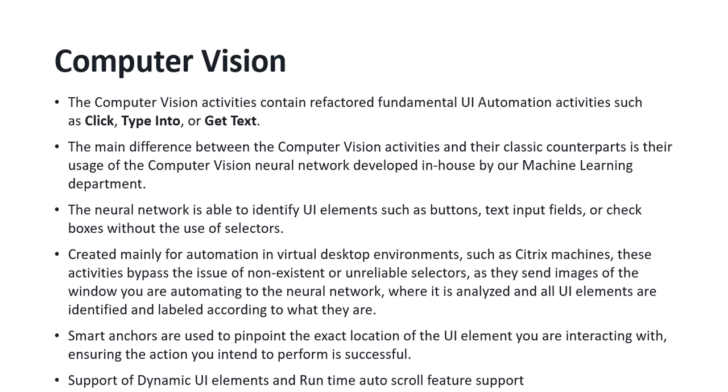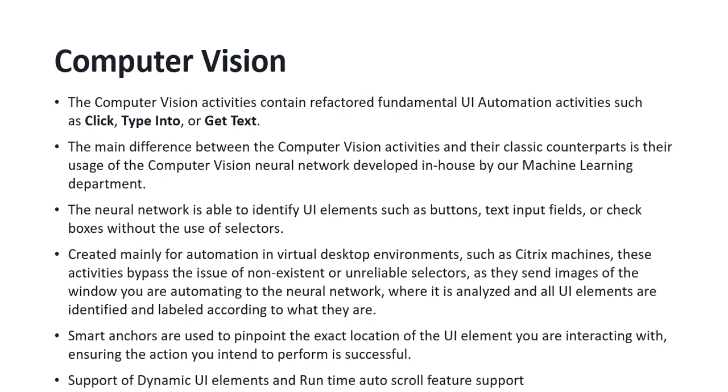The main difference between computer vision activities and their classic counterparts is their usage of the computer vision neural network developed in-house by our machine learning department. This is a very important point. So what is the difference from the conventional selectors which we were using?